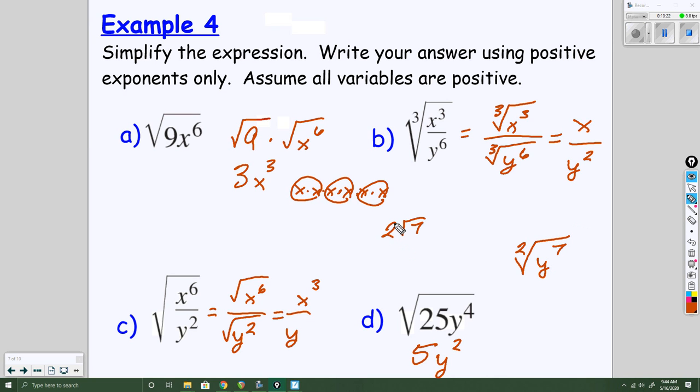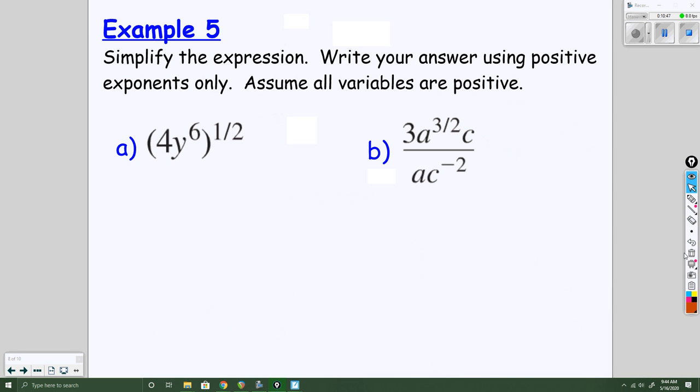Classic long division: we've got 3 sets, 1 remaining. That means y cubed would come out, and we would have just the square root of y left over. So we have 1 y left inside the radical, 3 sets coming out.